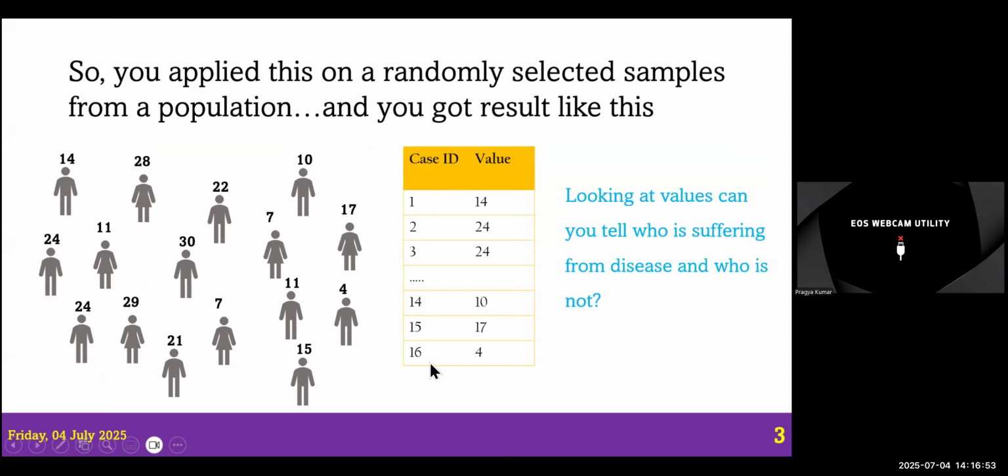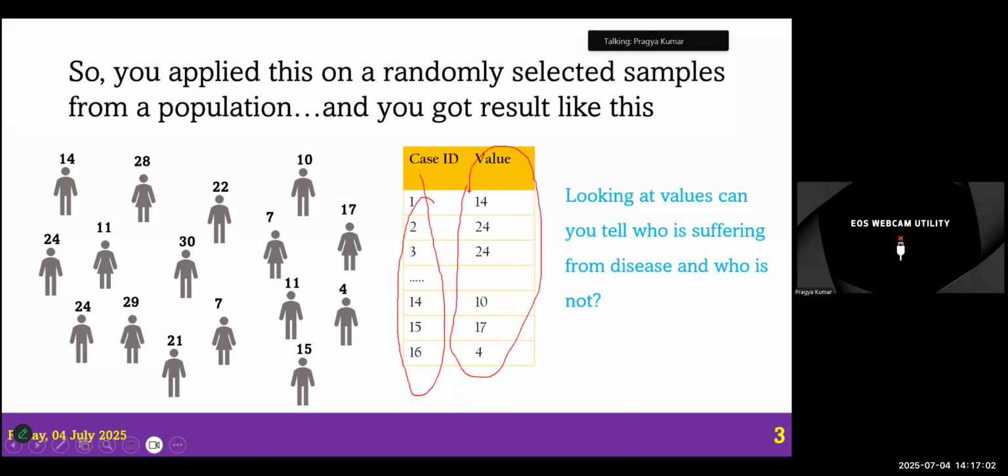These are the case IDs from 1 to, let's say, 16, and these are the individual values of the diagnostic test. Looking at these values, can you tell who is suffering from the disease and who is not?